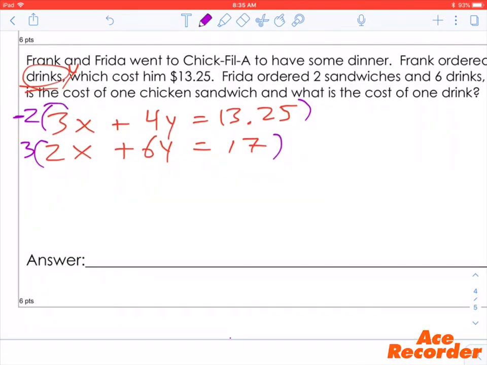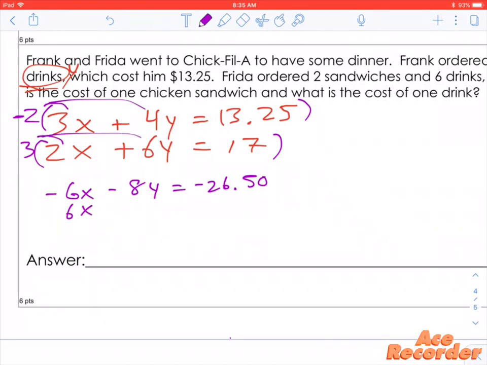So let's multiply it out. We've got negative 6x, negative 8y equals negative 26.50. And then 3 times 2x is 6x. 3 times 6 is 18y.